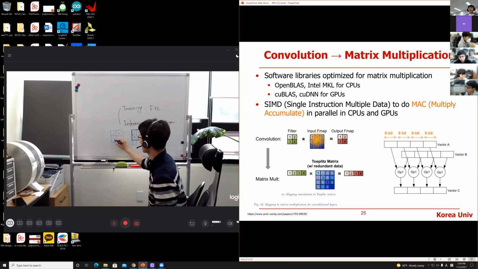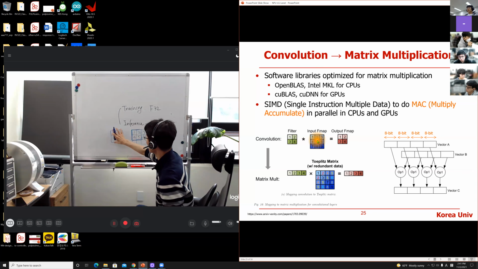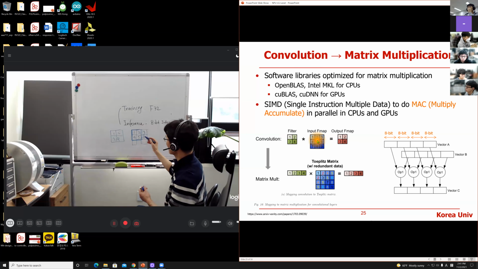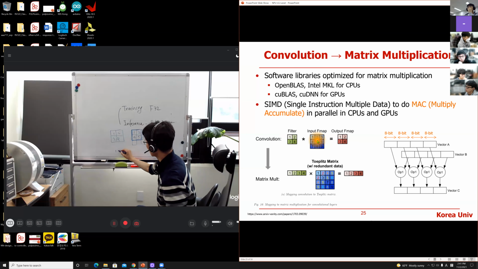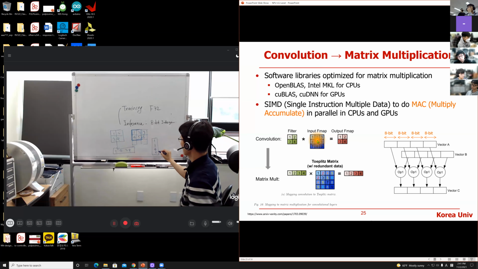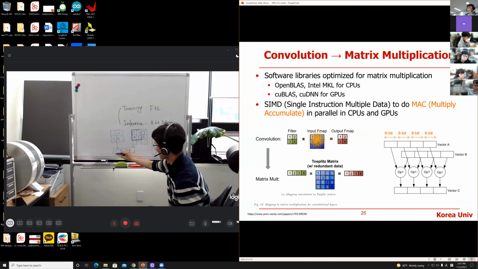You are doing convolution with this filter and the input image. So 1, 2, 3, 4 with 1, 2, 4, 5, multiplication of this row and this column.